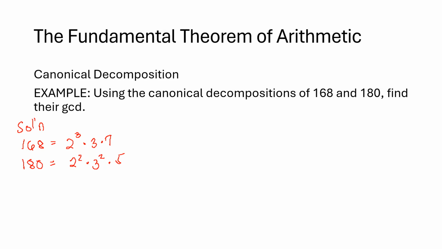Similarly, 3 is also a common factor. So we could have the GCD of 168 and 180 is equal to 2 squared times 3, which is equal to 12. Okay, so that's the concept of the canonical decomposition. Thank you very much.